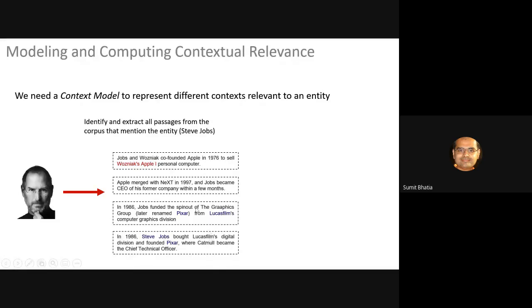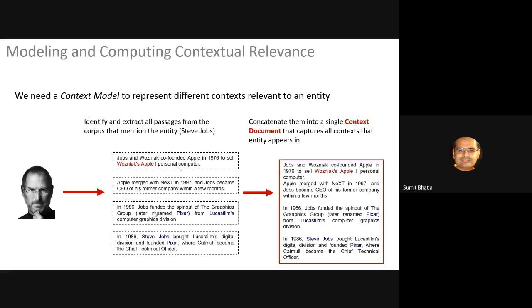So I extract different passages, different sentences from Wikipedia that talk about Steve Jobs. These sentences capture all the known contexts in which Steve Jobs has been discussed in Wikipedia. So what we do is concatenate all these sentences together into a single document.